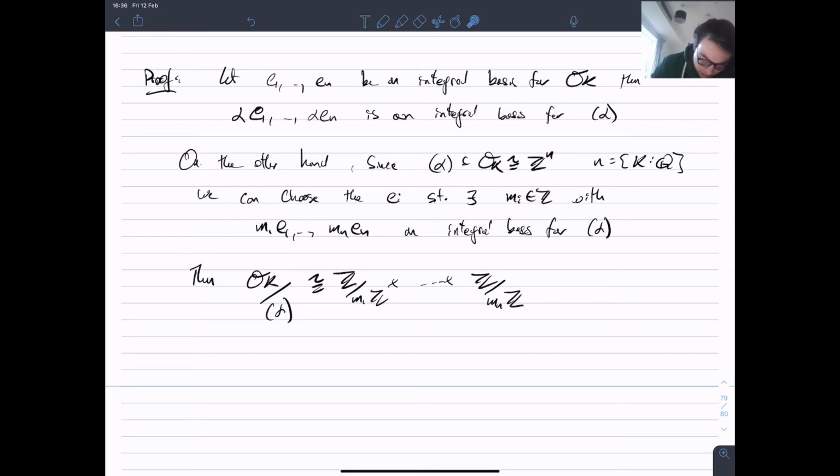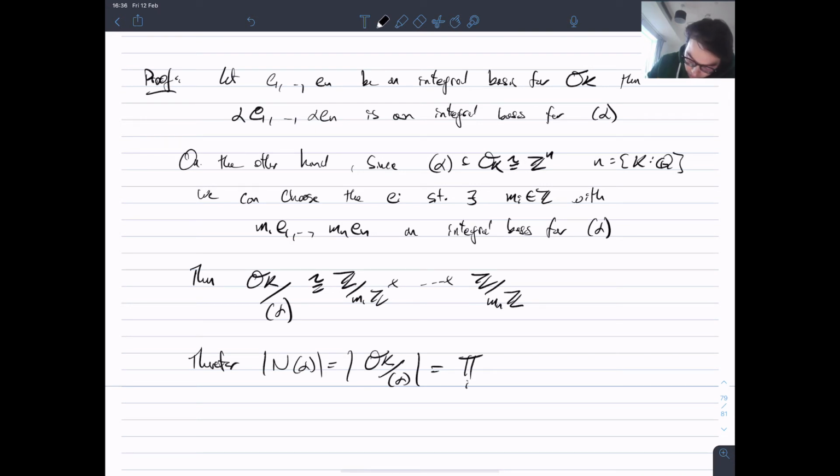And therefore, what's the size of this thing? The norm of this ideal, which is the size of Z[alpha]... OK, is just the product over i of the sizes of these m_i's. Great.